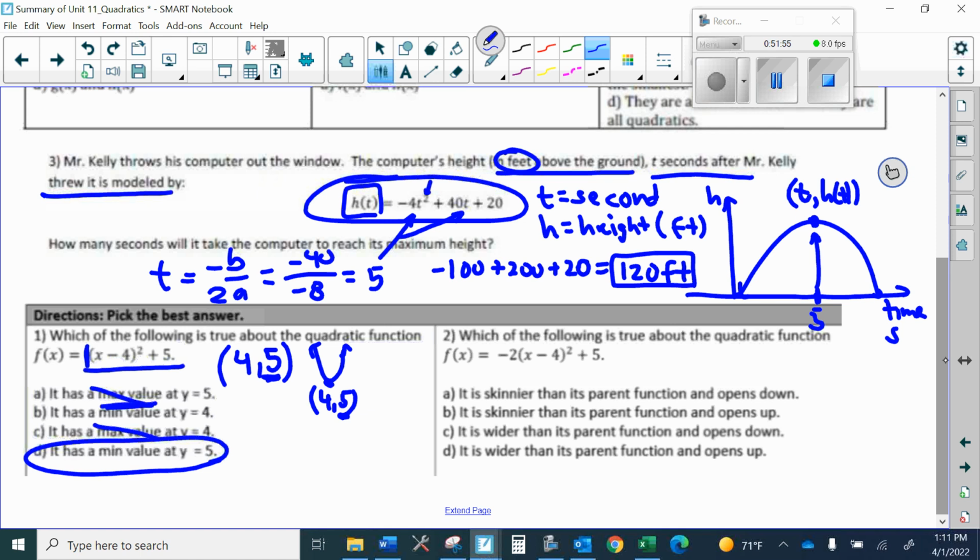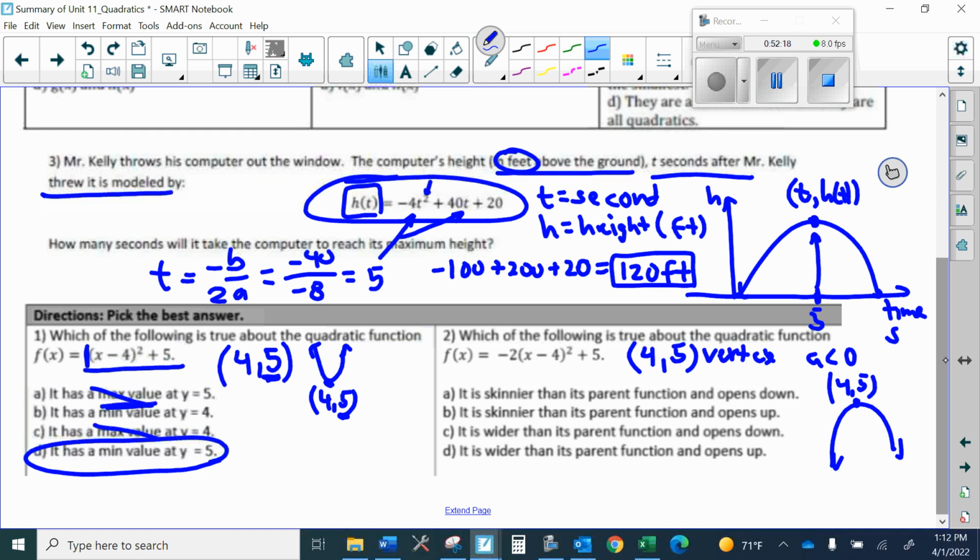Okay, next, which of the following is true about the quadratic function? Again, we see opposite and same. So that's the vertex, because it's in vertex form. We know a is less than 0, so it opens down. So 4, 5.